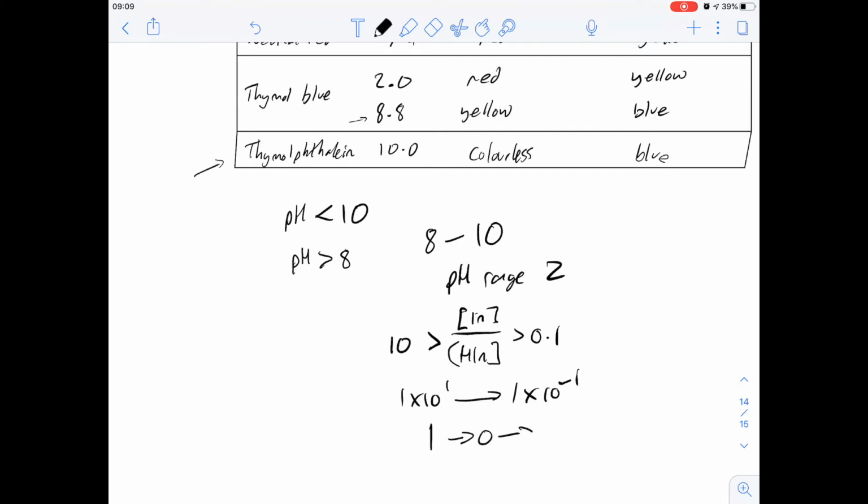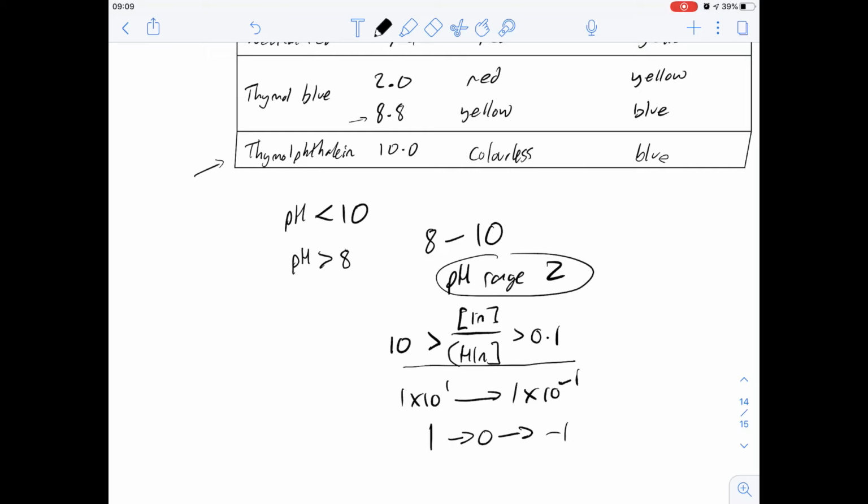On a log scale, this is moving down 2 steps. And we're told when this, this is going to be negative 1. On a log scale, we're moving down 2 steps, which is going to be the equivalent for pH of moving in a range of 2. Meaning that if the range is less than 2, then you're going to end up with a mixture of these two colours.